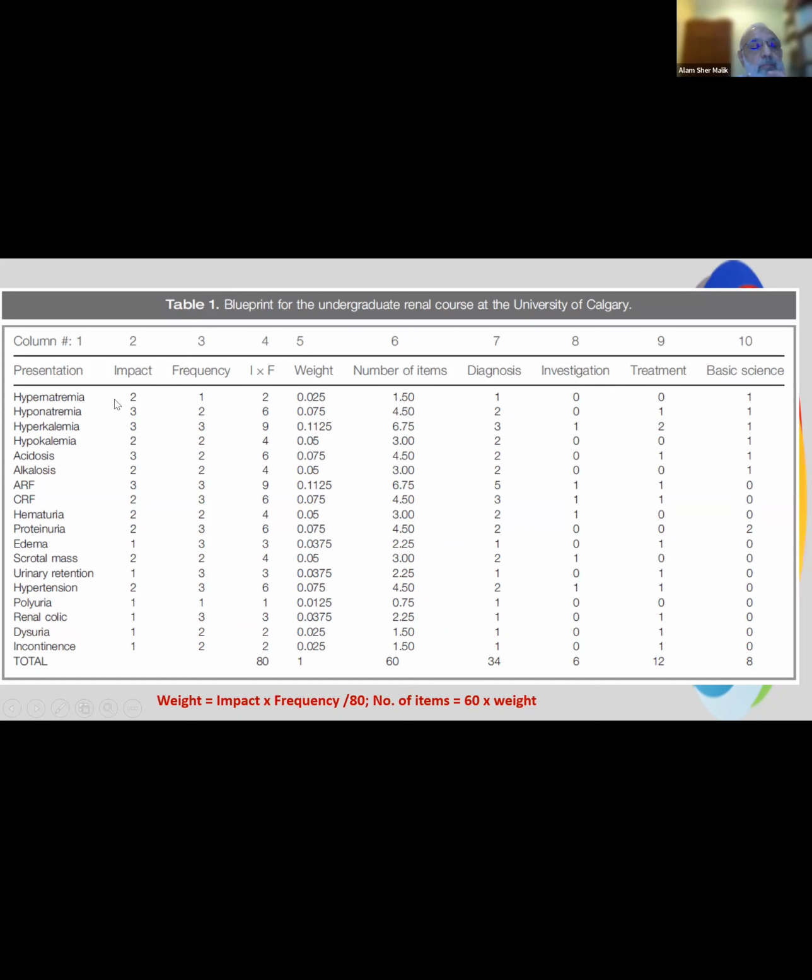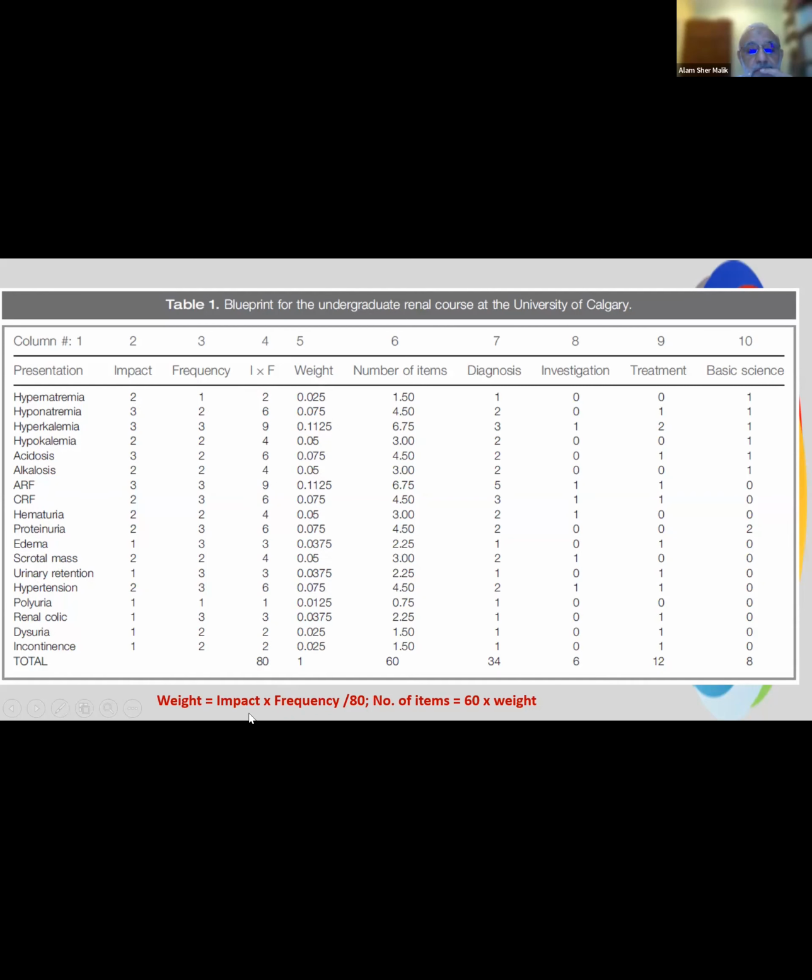Like I said, hyponatremia is more important than hypernatremia, and then their frequency, and then we multiply impact with frequency and total them up, and this is 80, which is the sum of impact times frequency. When we want to calculate the weight, it is impact times frequency over 80. And this would be the weight for this topic.